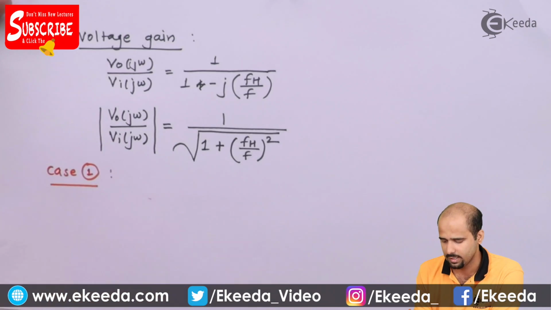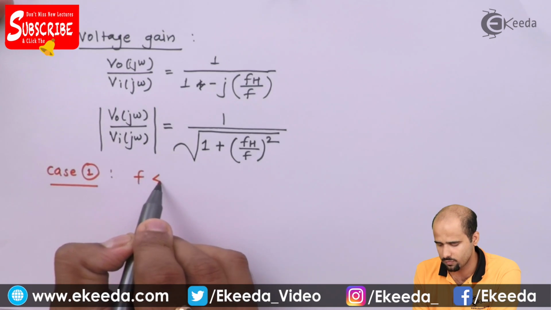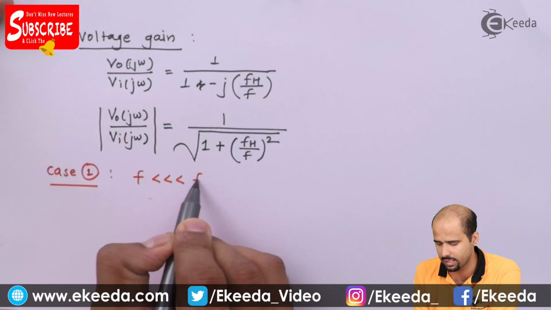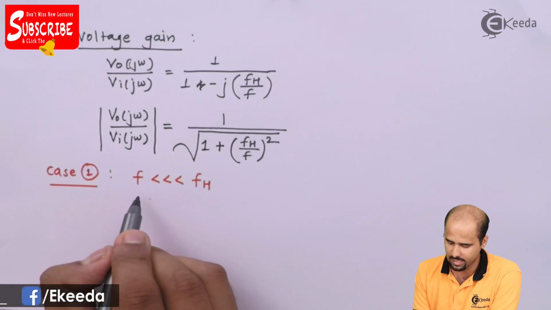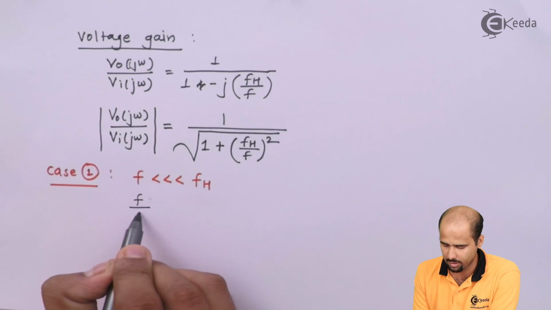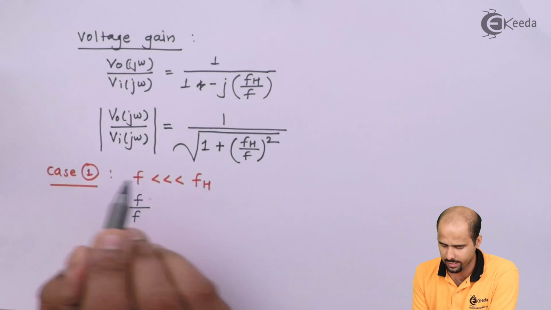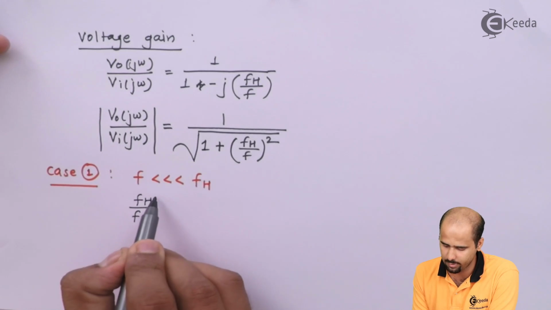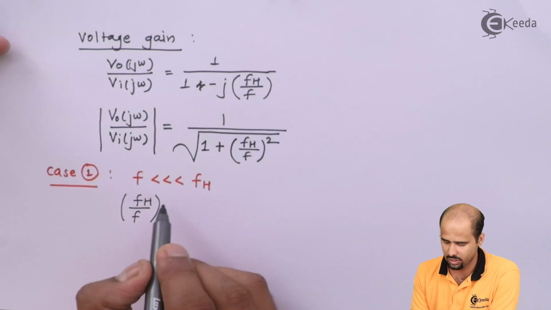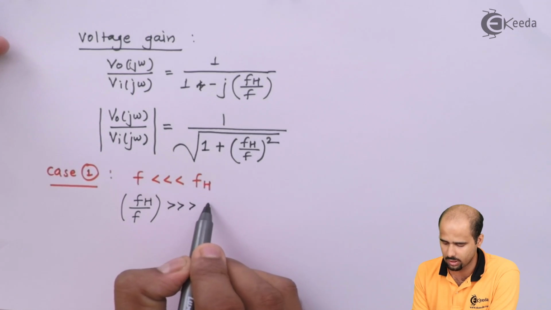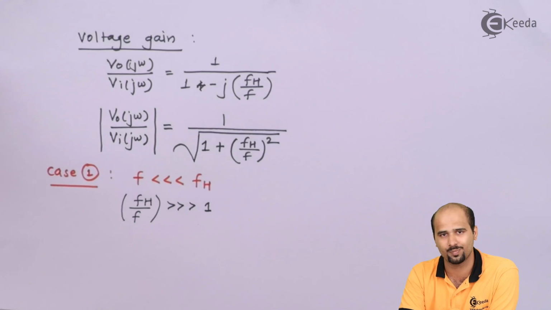where I am saying that frequency is very less than fH, right? If frequency is very less than fH, I can say that fH divided by f is very greater than 1, right? So fH divided by f is very much higher than 1.